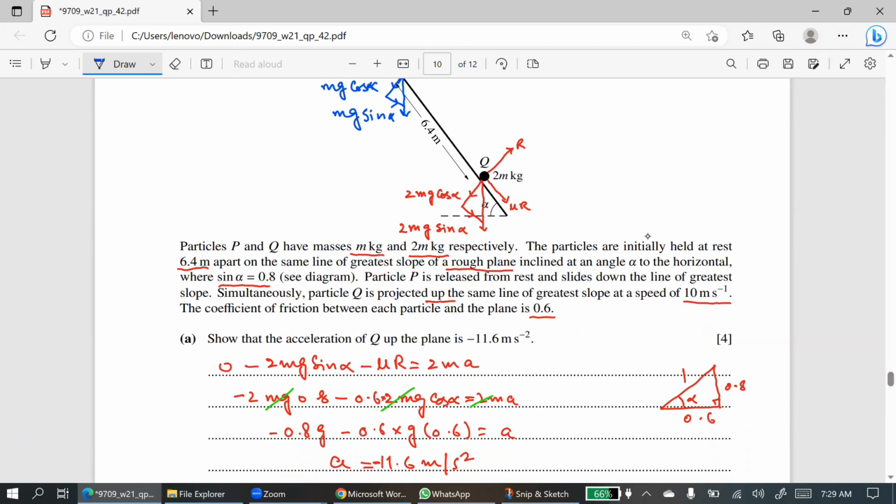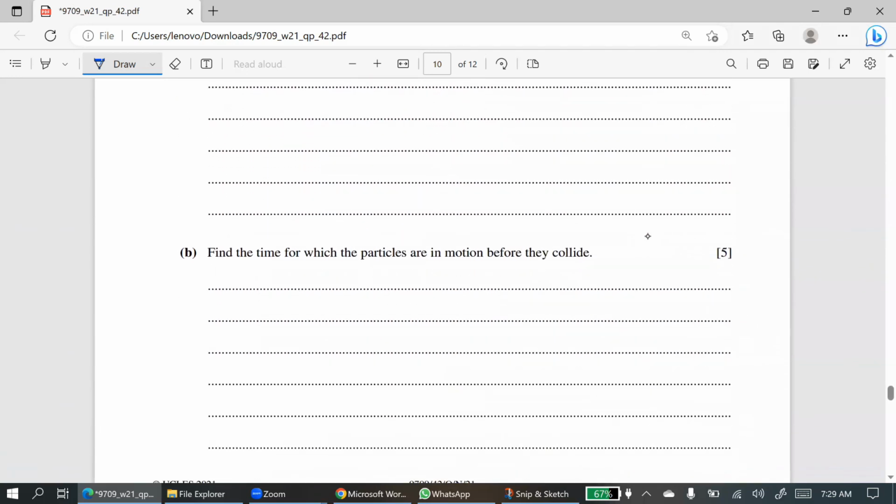Now, the initial speed of Q is 10. The acceleration of Q is minus 11.6 and the final speed is 0 in the first stage of motion. Now we will discuss the first stage of motion.